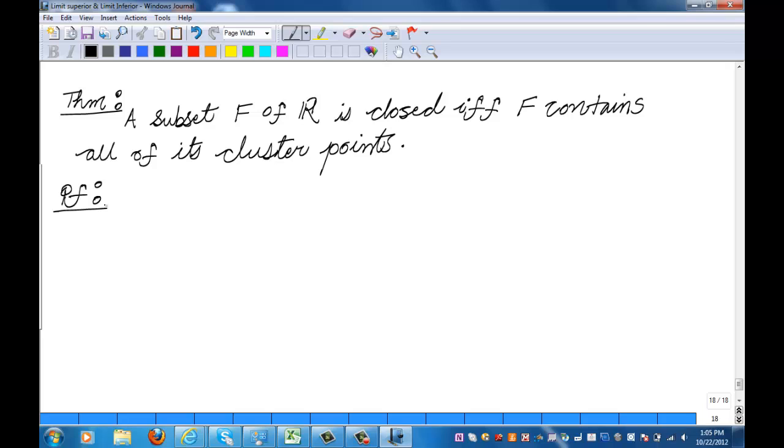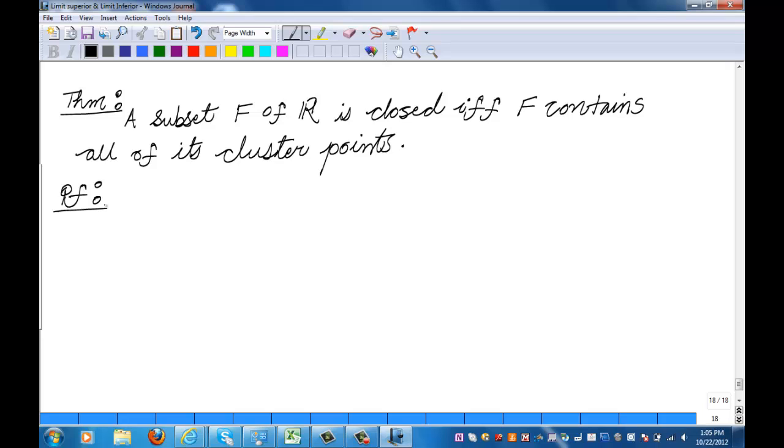X is a cluster point for F if every deleted neighborhood of X contains a point of F. Remember, a deleted neighborhood of X means an interval centered at X, excluding X. That's what we mean by a cluster point.